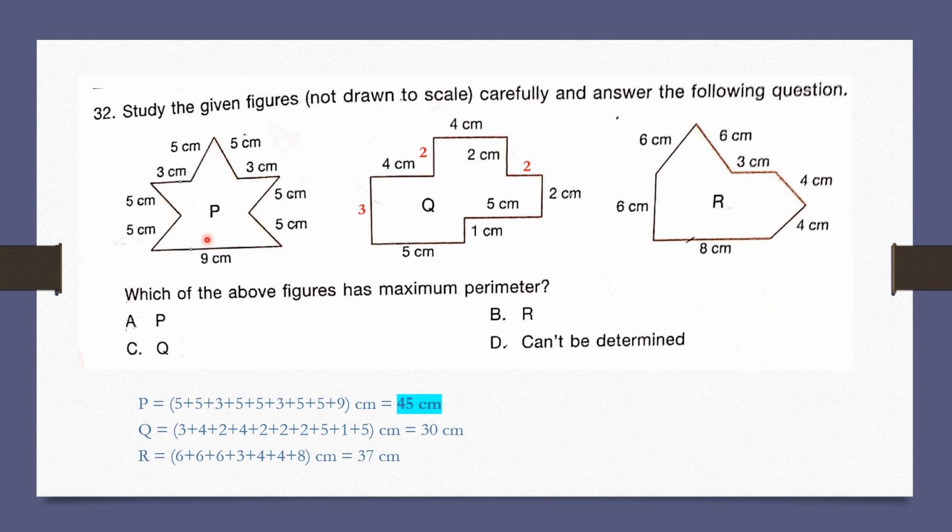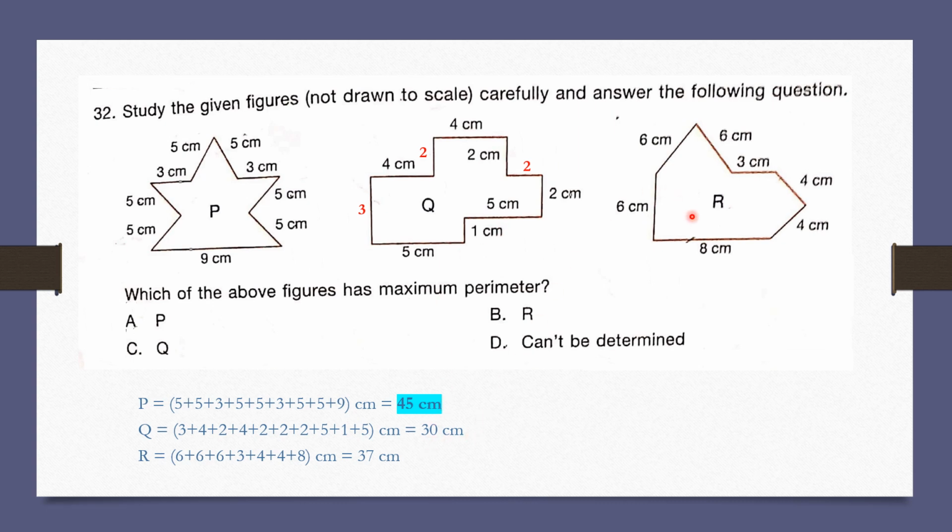Now let's calculate the perimeter of each figure. So P is 5 plus 5 plus 3 plus 5 plus 5 plus 3 plus 5 plus 5 plus 9 equals 45 centimeter. Now let's calculate for Q. 3 plus 4 plus 2 plus 4 plus 2 plus 2 plus 2 plus 5 plus 1 plus 5 equals 30 centimeter.